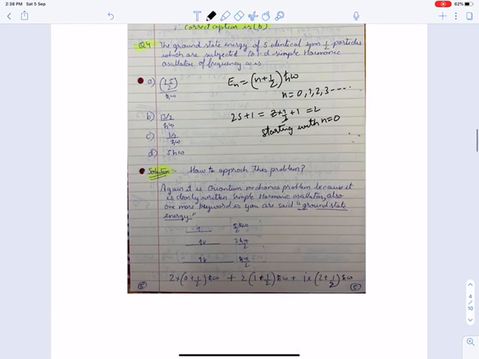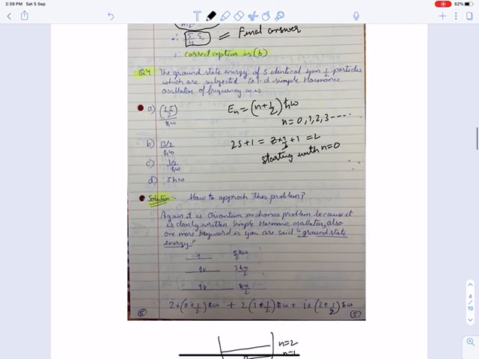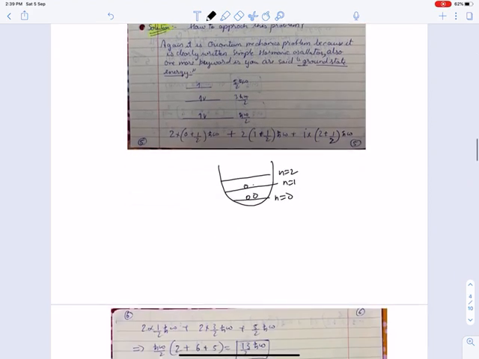If this is my simple harmonic oscillator, let's draw it: n equal to 0, n equal to 1, n equal to 2. So 2 particles in each level, and how many are there? There are 5.